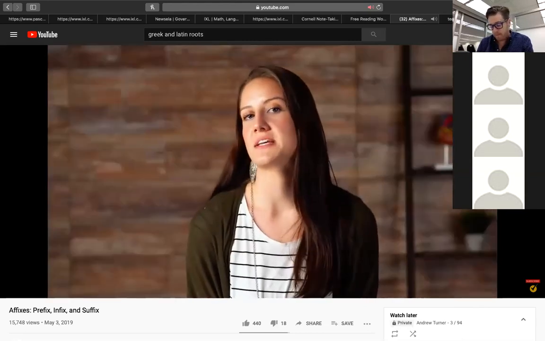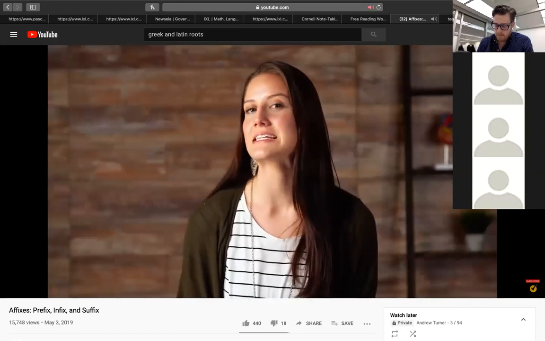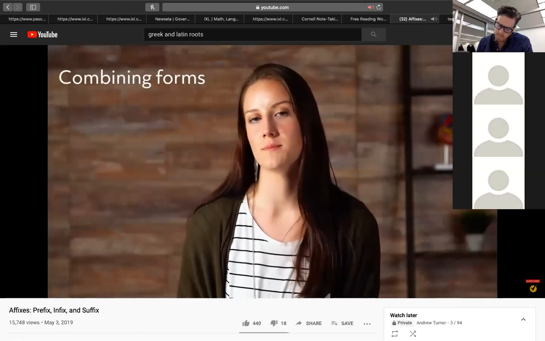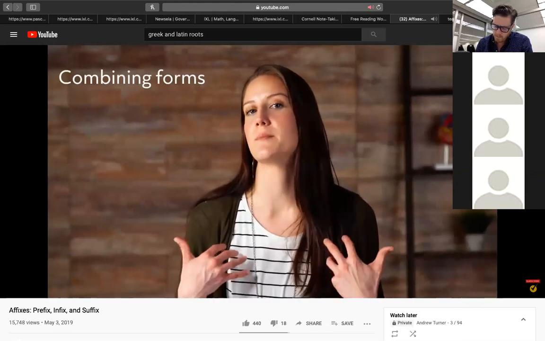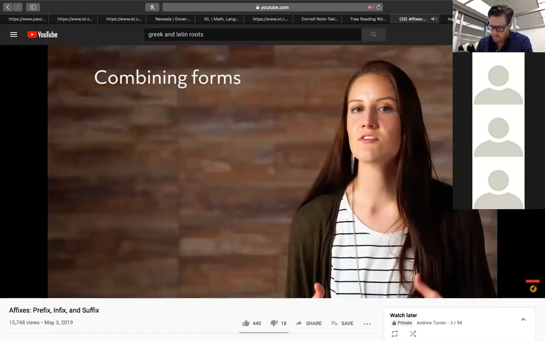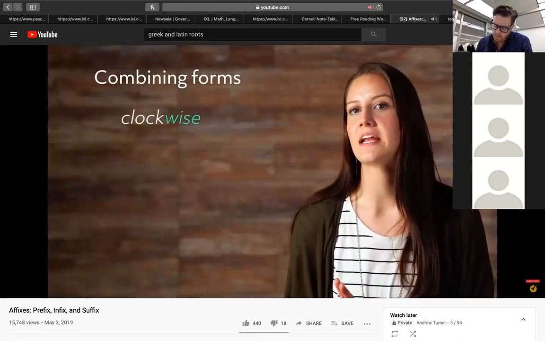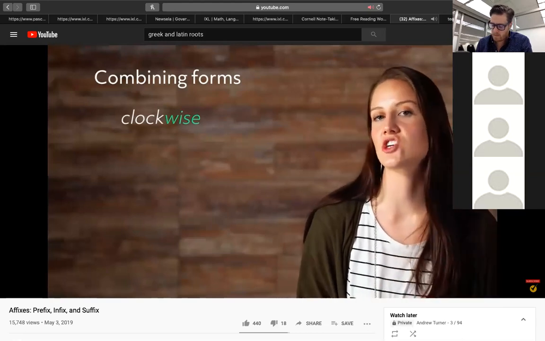Before we leave our topics of affixes, let's talk about one area of grammar that often gets lumped into the affix category: combining forms. A combining form is a form of a word that only appears as a part of another word. Think of the word clockwise. Wise is an adverb combining form that helps tell us the direction of the action.